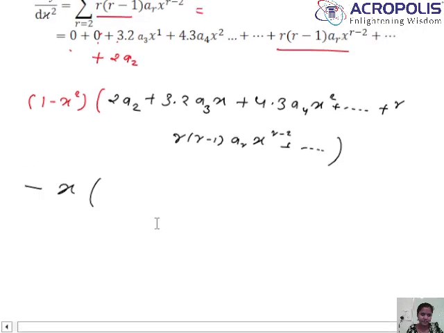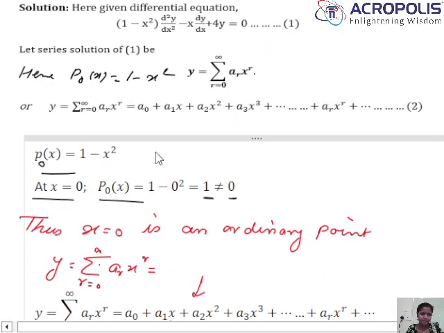First of all, we check that the equation is this. Yes, minus x dy by dx.